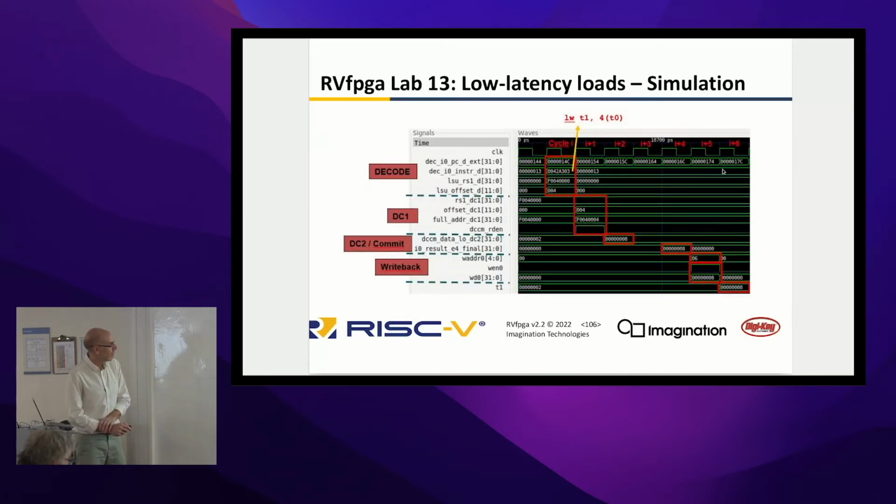So we decode the instruction in cycle I. In cycle I plus 1, we compute the addition of the base address and the offset, obtaining this address, F004 0004, which is the addition of these two numbers. And see that we enable reading of the DCCM.